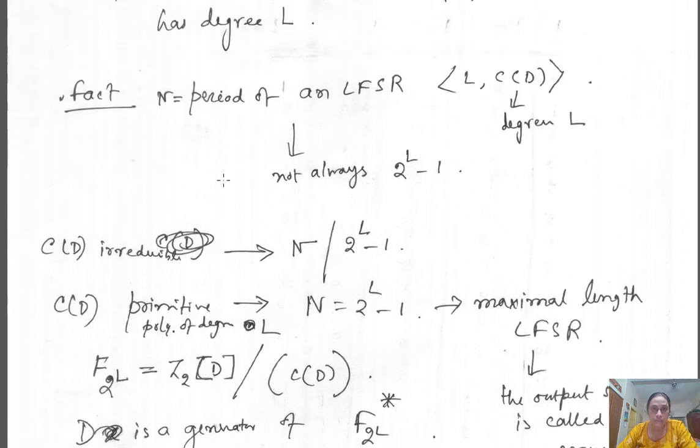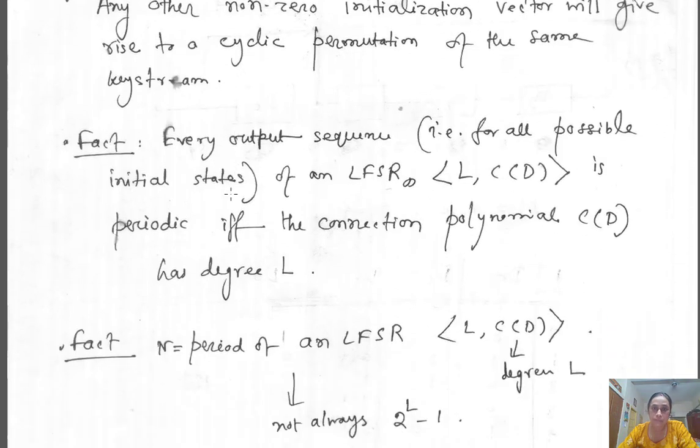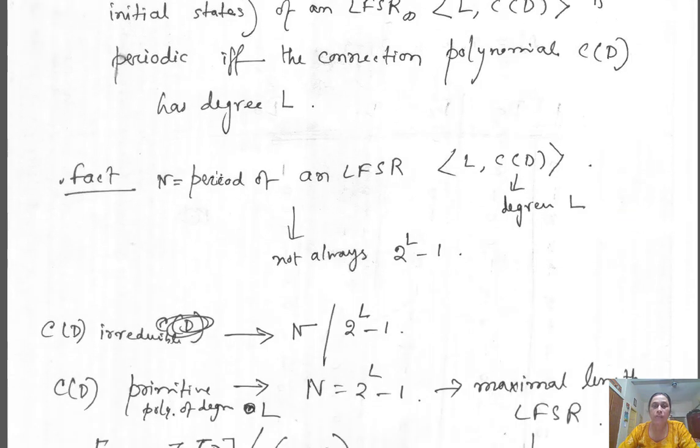So what we have learned: an LFSR of length L with connection polynomial C(D) is periodic provided C(D) is non-singular. That means the degree of C(D) is L. Now the period of this LFSR of length L may not always be 2 to the power L minus 1.